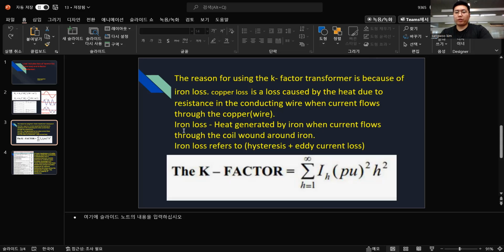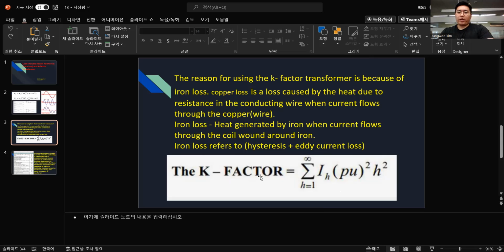So because of the iron loss, we use a K-factor transformer. It's heat generated by iron when current flows through the coil wound around the iron. As I said, hysteresis plus eddy current loss is what we call iron loss. This is the equation, okay?